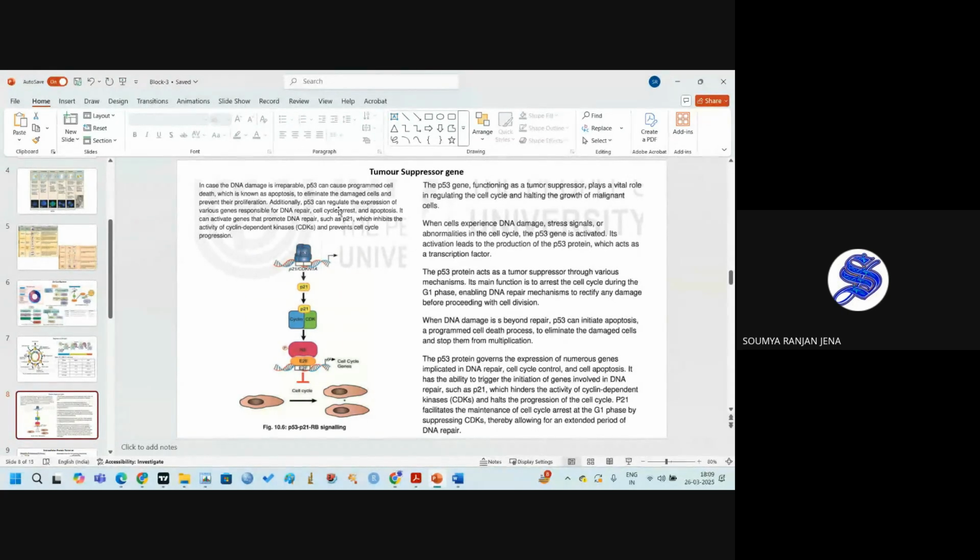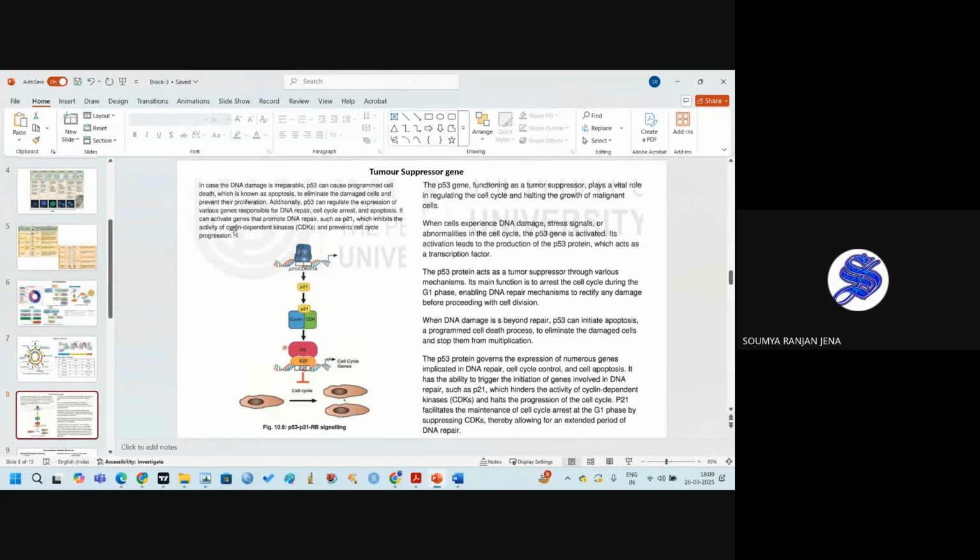Additionally, P53 can regulate the expression of various genes responsible for DNA repair, cell cycle arrest, and apoptosis. If it properly repairs that DNA, then it will forward the cell cycle. If the DNA is not properly repaired, then it will go for the apoptosis process.